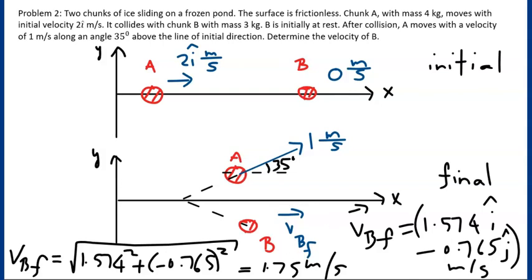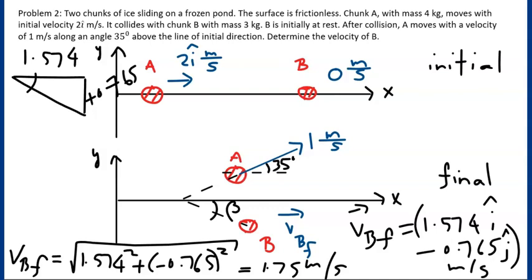Now what about the direction, meaning this angle here? Let's call it beta. Now because the x component is 1.574 and the y component is minus 0.765, you can ignore the minus because we want to compute this acute angle beta.